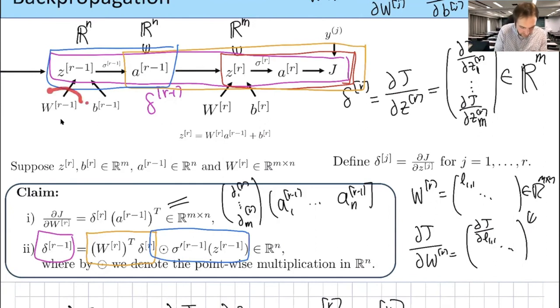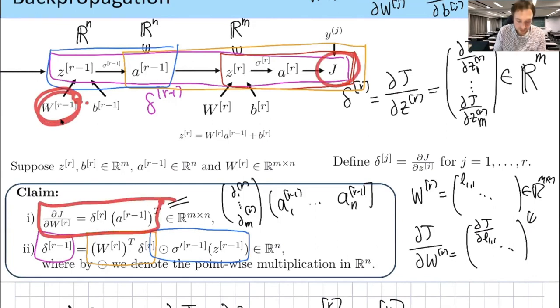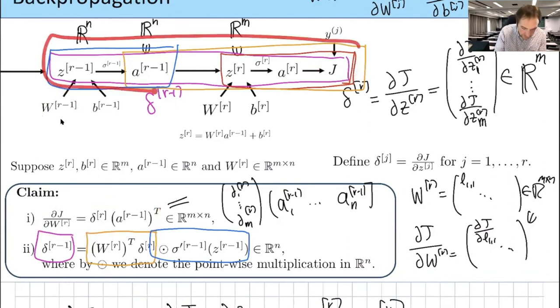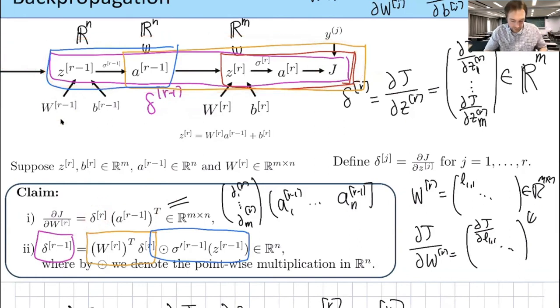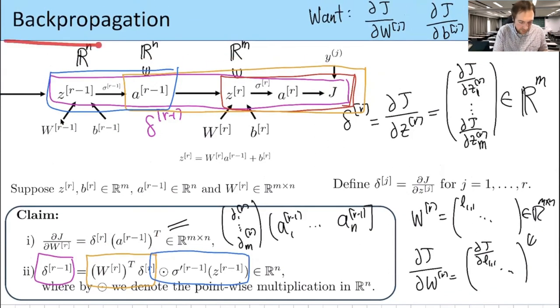And then to calculate the derivative of J with respect to this, we can use again this formula here. So then we take the pink part for this and just multiply with the transpose of the A coming from there. And this is in general this back propagation, where we can in each step save our deltas to use them in the next step.